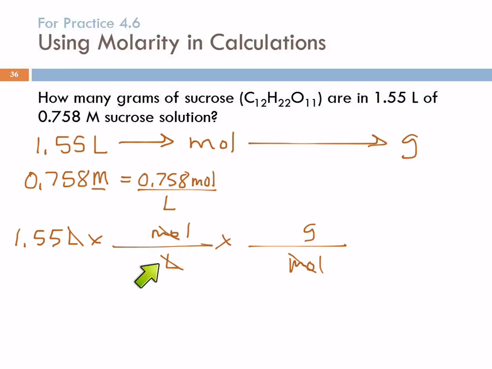So the relationship between moles and liters is this molarity that was given. 0.758 moles per liter. Molar mass, we have to calculate. They gave us the formula. 12 carbons times 12.01, 22 hydrogens, 1.008.